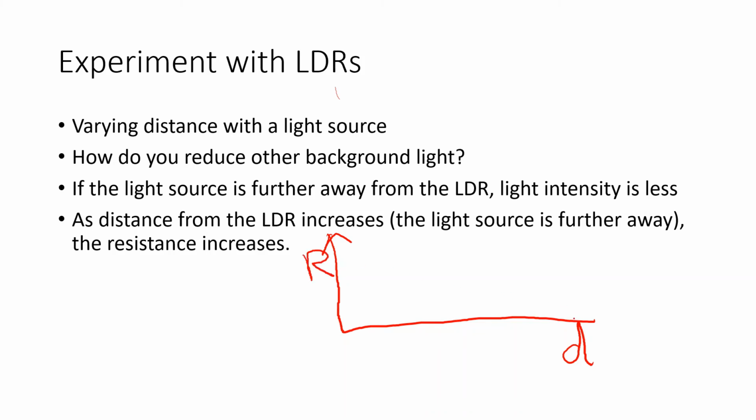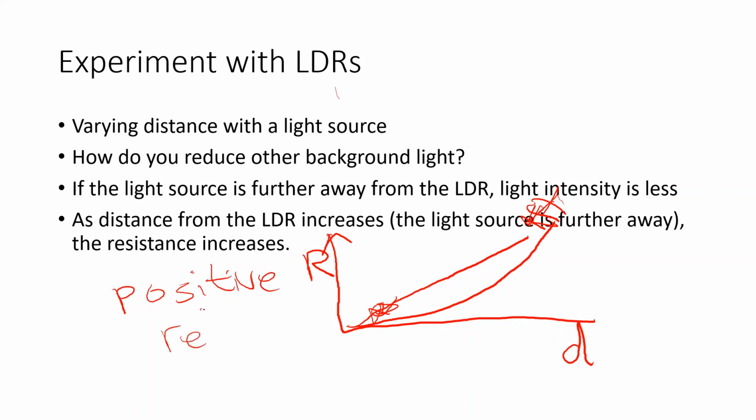The further away you are, the higher the resistance, and the closer you are, the lower the resistance. It could be something like a curve, or you might even get a straight line, but this will be a positive relationship. So as the distance from the LDR increases, the light source is further away, the resistance will increase.